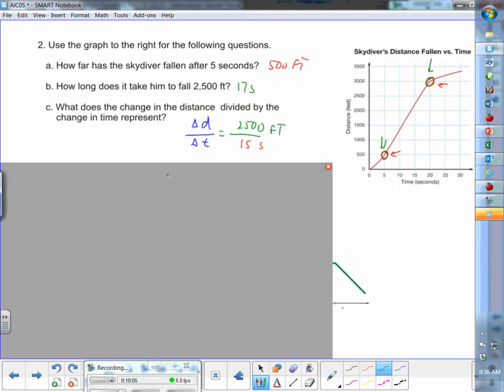So what is our change in distance divided by our change in time? 2,500 divided by 15. 5 definitely goes into 2,500. I'm just going to use my calculator, make it easier. 167.7.